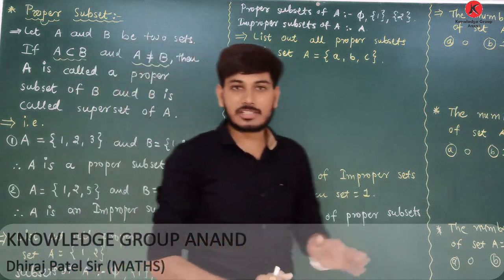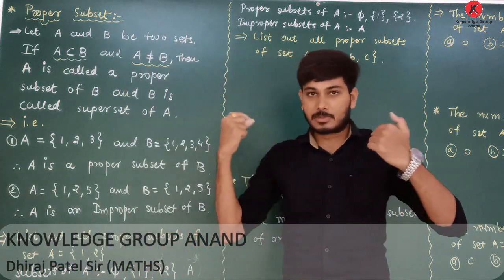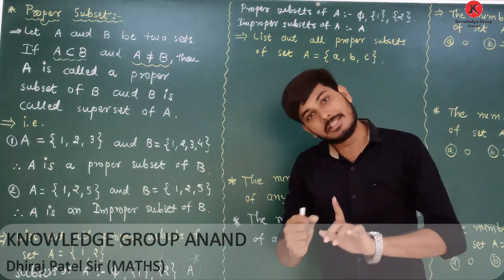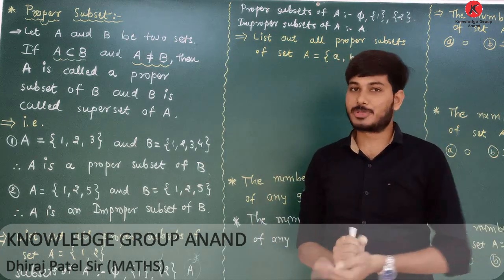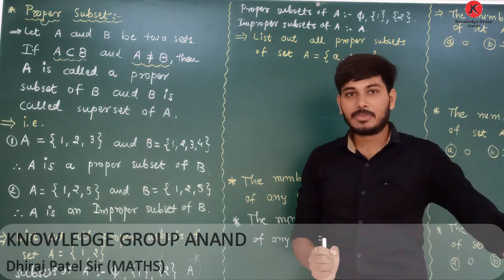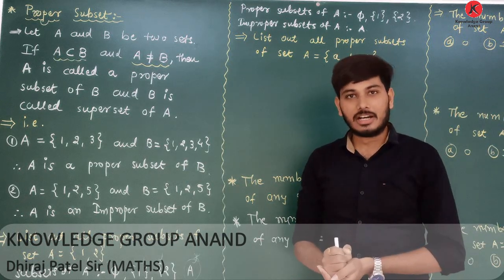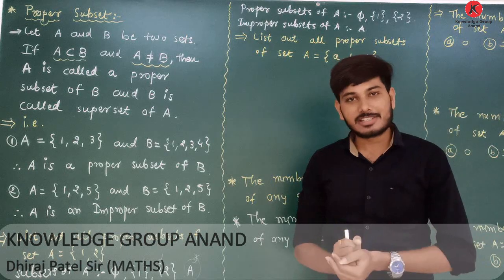The property is that the set itself is a subset of any set, and it is an improper subset. The rest of the others are proper subsets.